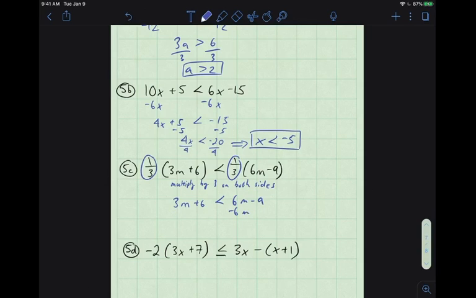Subtract 6m, we're left with negative 3m plus 6 is less than negative 9. Minus 6, that gives us negative 3m is less than negative 15. So here, when we divide by -3 on both sides, okay, flip, we have m is greater than now negative 5.